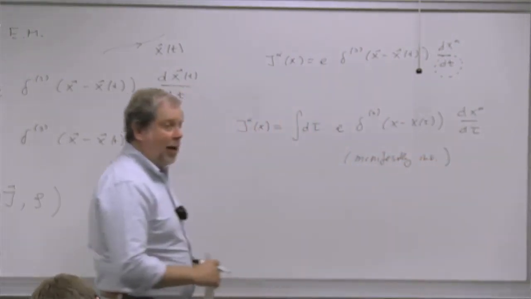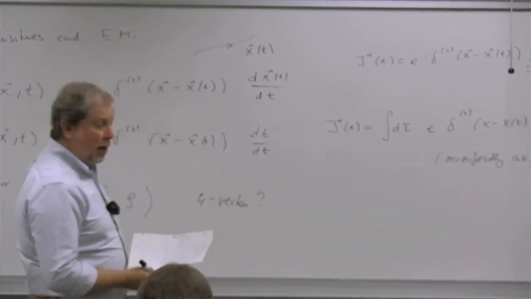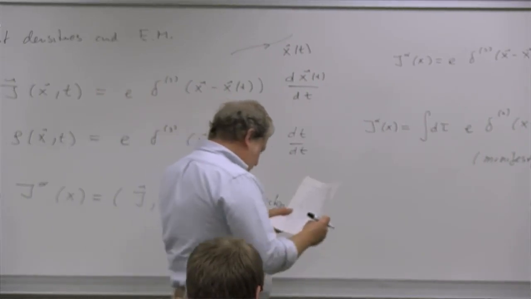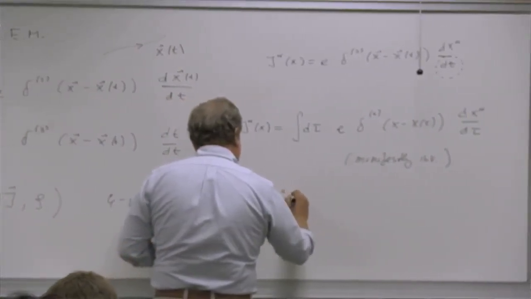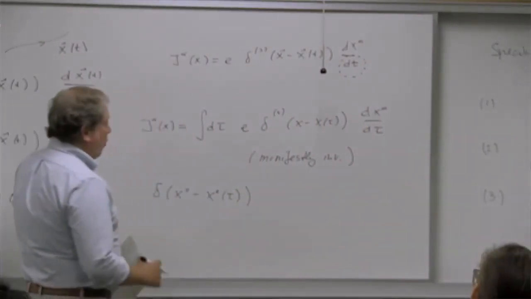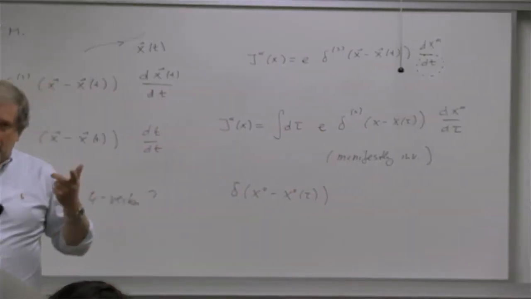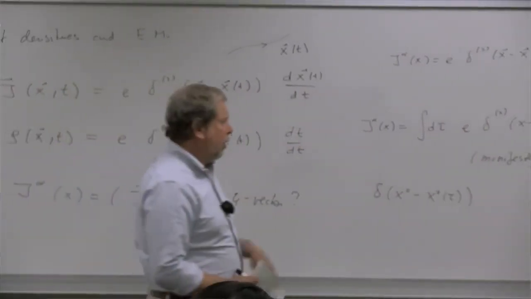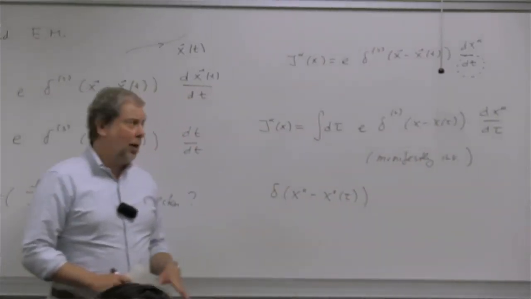The question is whether it's equivalent to the first one. And it looks like it's very close, but maybe not quite. But the reason that it is in fact correct is that, if we look at the fourth component here, there's a delta 3, and then there is a delta over the naught component, which is x naught minus x naught of tau, which is what I'm writing here.